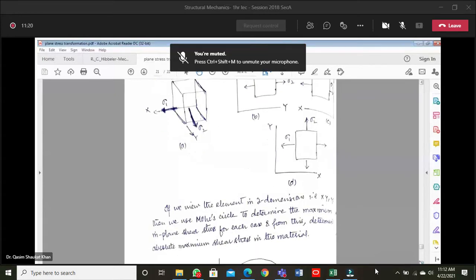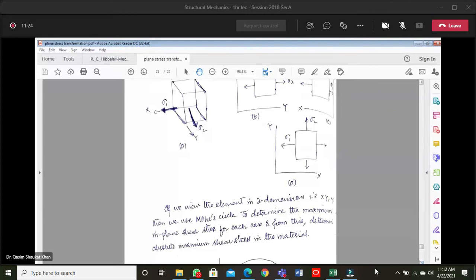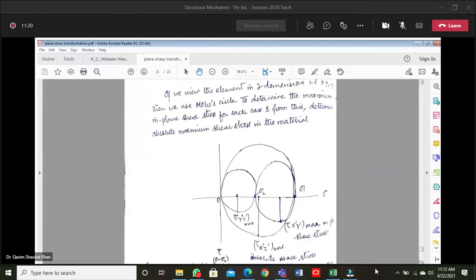Now, these are the three Mohr circles which we have drawn. Just starting from very basic, the x-axis is my normal stress, which will be principal stresses here. The y-axis is my shear stress. So I have to draw a Mohr circle for each case.